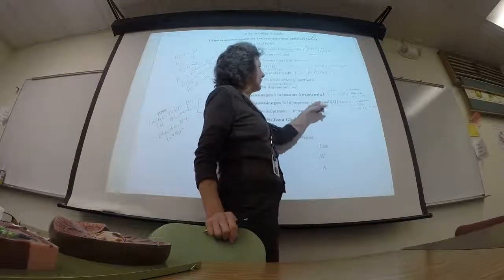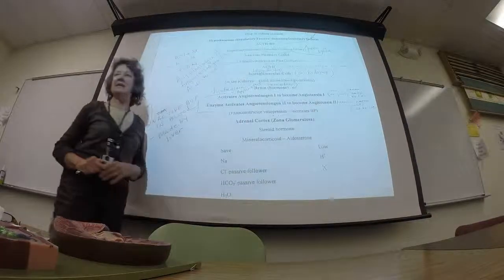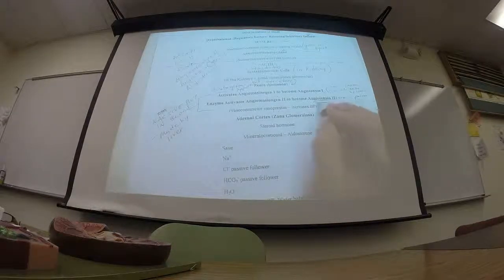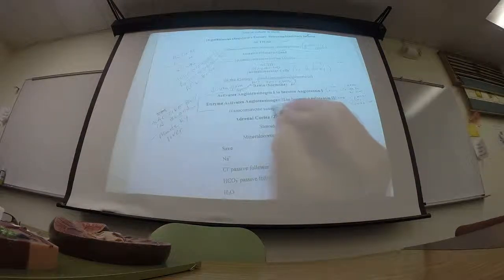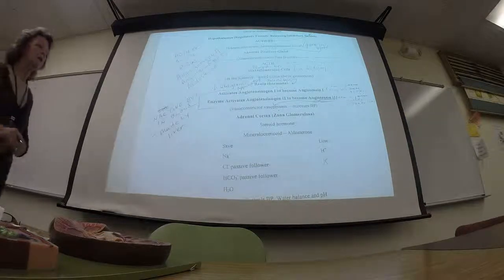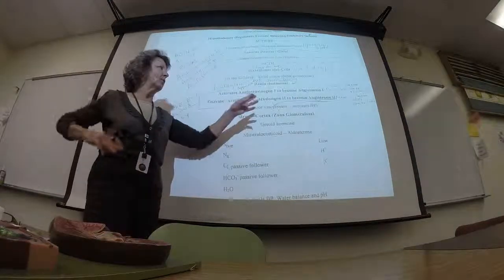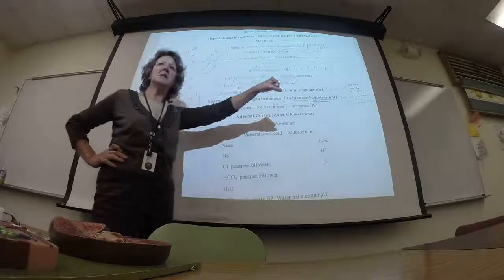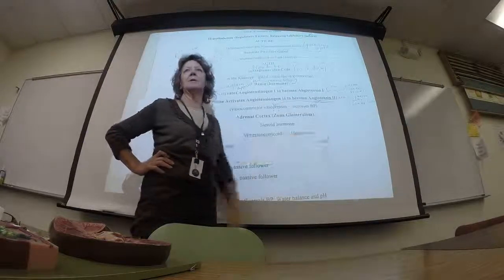Now, this immediately is helping you with your blood pressure problem because angiotensin 2 causes vasoconstriction. So it is a class of hormones that we call a vasopressor. Anything that constricts a blood vessel is a vasopressor and is going to help increase your blood pressure.